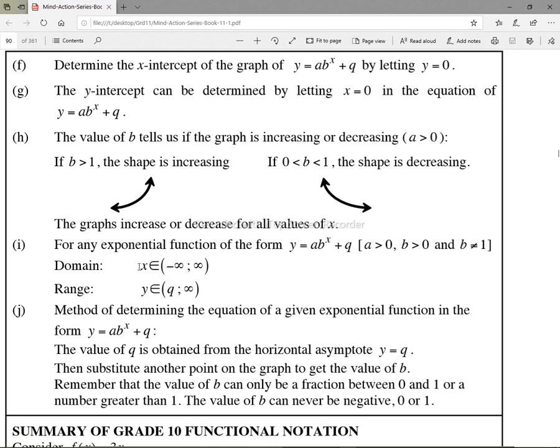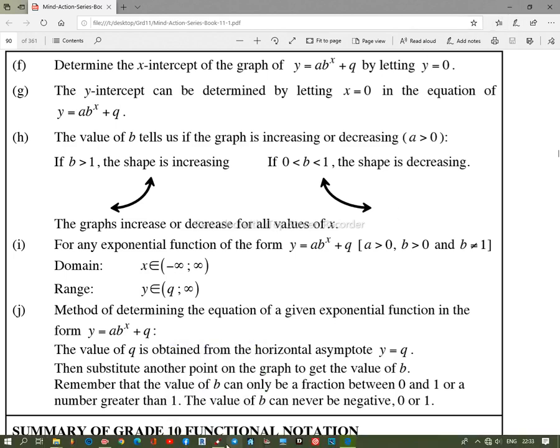Make sure that you know the following, guys. So that was it for functions. On our next video we are going to look at the previous question papers where we answer functions, so we check how our examiners set our question papers.